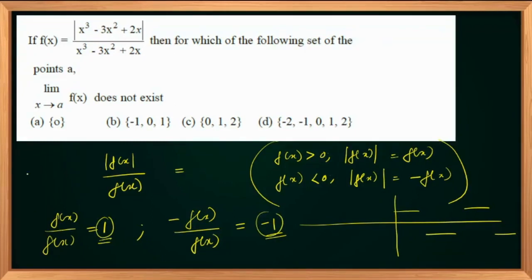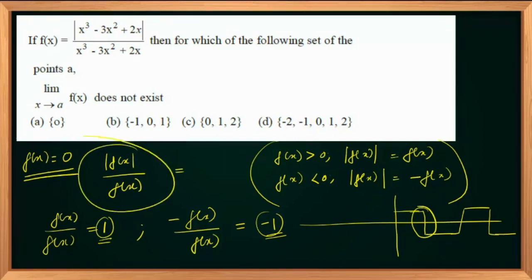But when you have this function equal to 0, at the 0 point, there will be a transition. So at this particular point, the limit does not exist. The limit will not exist when you have f of x equal to 0. That is the idea of this particular problem. Whenever you see a function like this, mod f of x divided by f of x, where does the limit not exist?